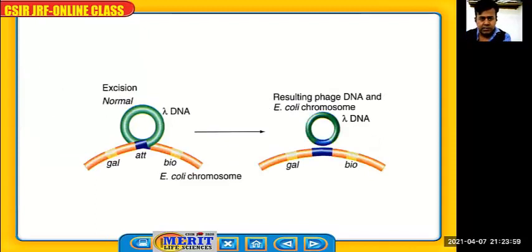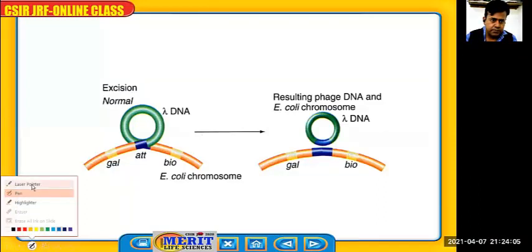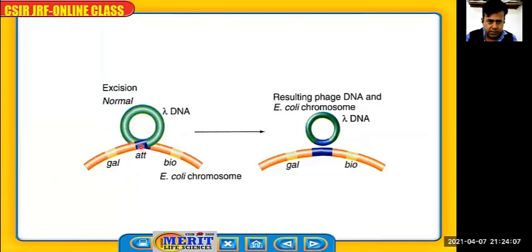For example, you can see in this excision that this is the att feature. att is present in both the lambda DNA and the E. coli chromosome. So that's why they can cross over at this point. And if they cross over at this point, you can easily see the insertion of the att gene between gal and bio, right?